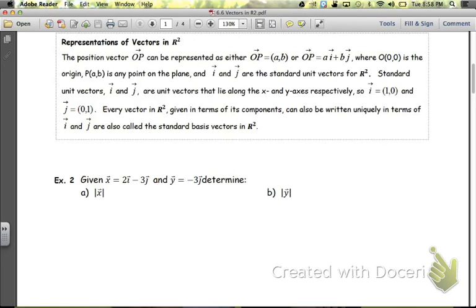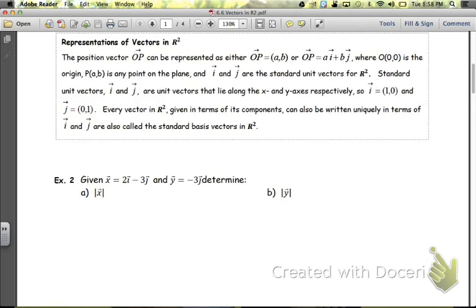So we're going to look at our example here. We are given that vector x is equal to 2i minus 3j, and that y is equal to negative 3j, and we want to determine the magnitude of x.